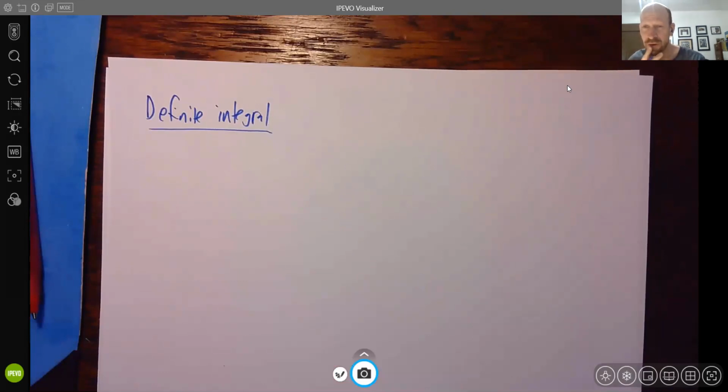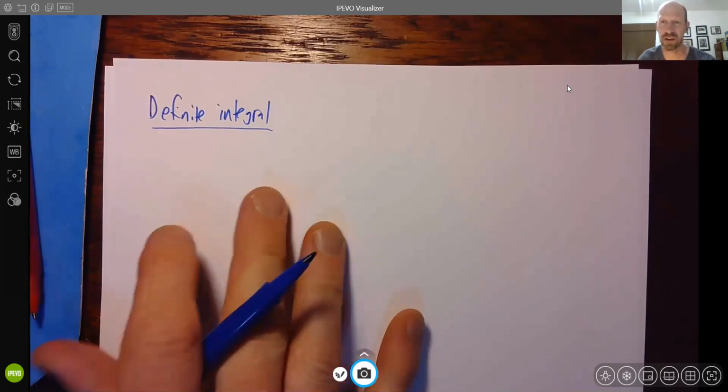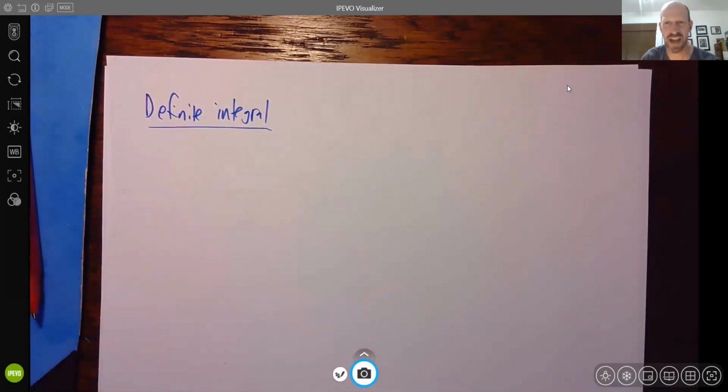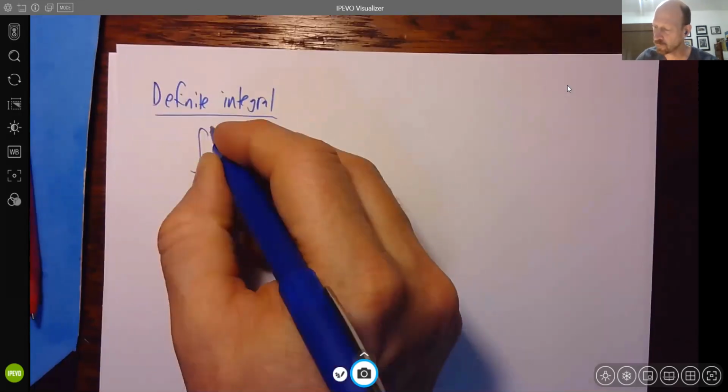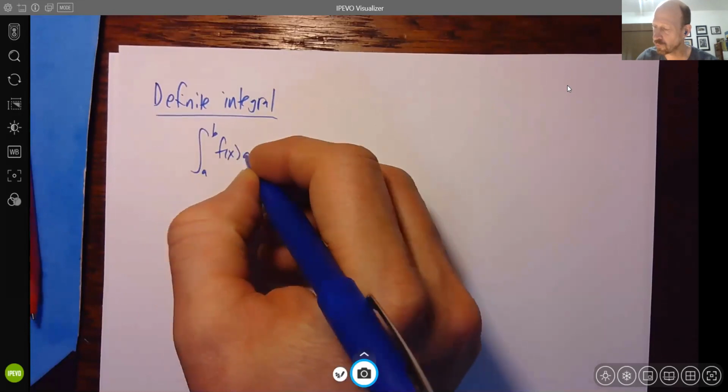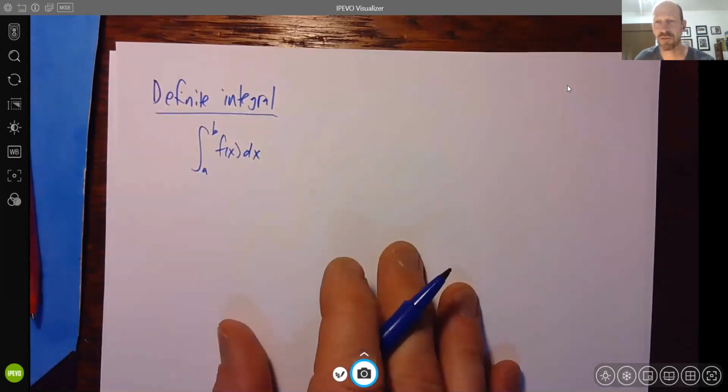And we know right now it gives us kind of area, with air quotes around area, because like we said, it's a signed area. So it's only positive if it's above the x-axis, and it's negative if it's below. And if it's a little of both, then it just adds all of that together. The definite integral is not a smart thing. It just does what you tell it to do.